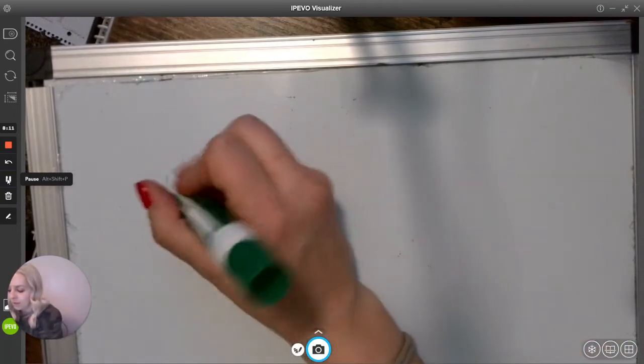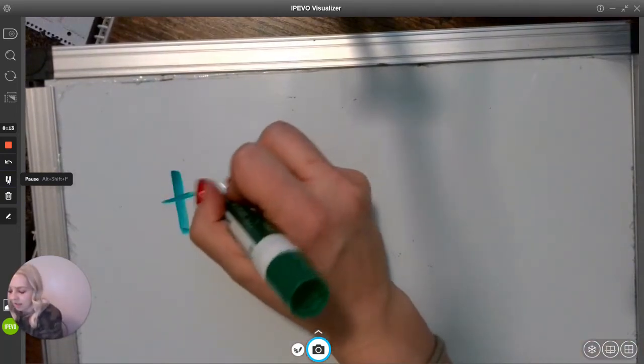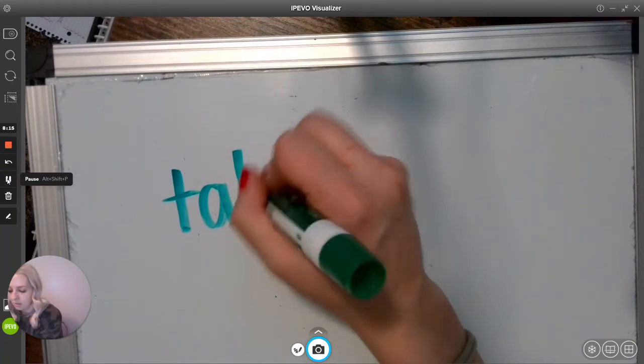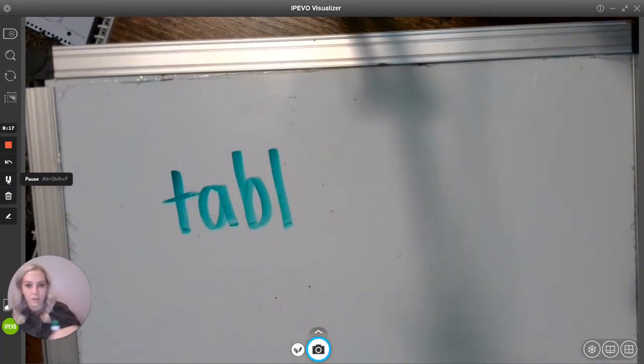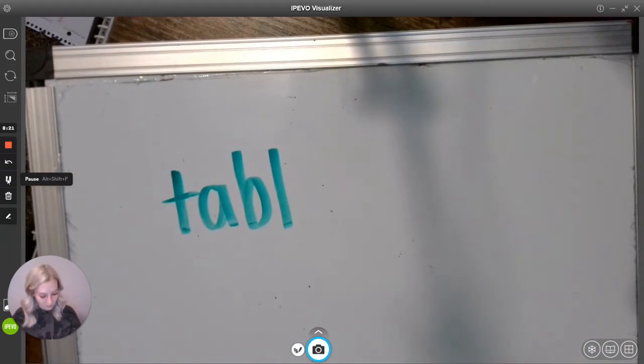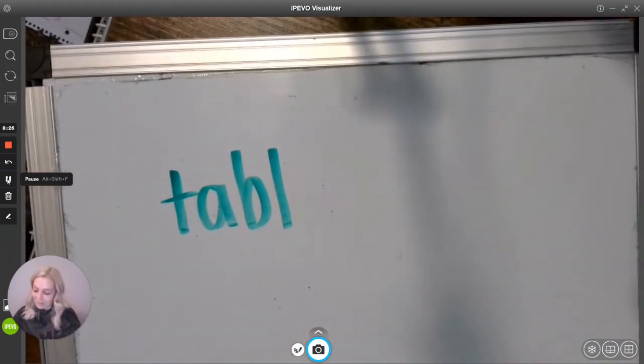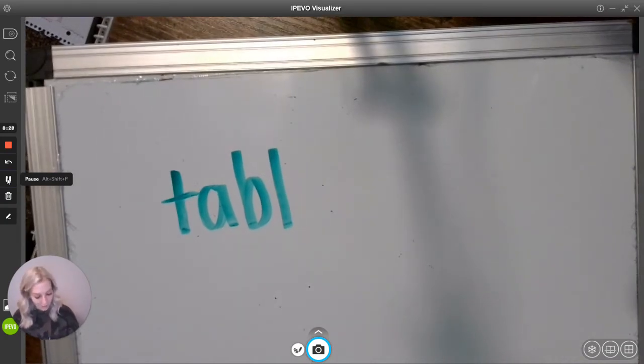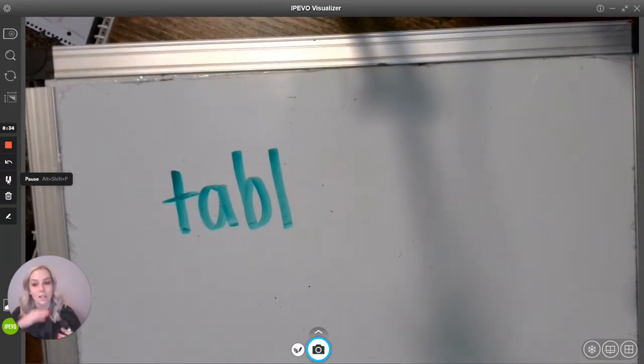And let's write it. We're going to write just the sounds we hear, okay? So let's write the sounds we hear in the word table. So we have t, a, b, ol. Right? Those are all the sounds we hear. But that doesn't look right. I'm sure you know that. In English, every syllable must have a written vowel. What is the vowel in the first syllable, ta?